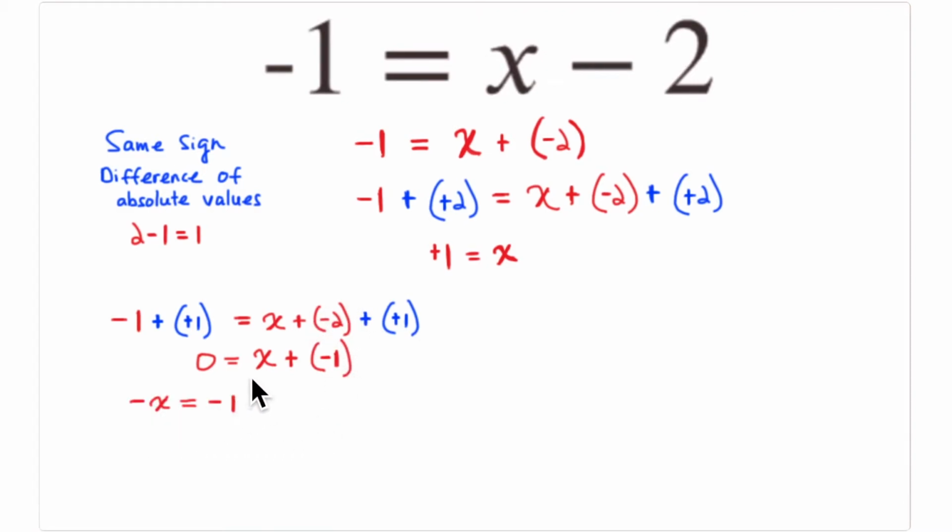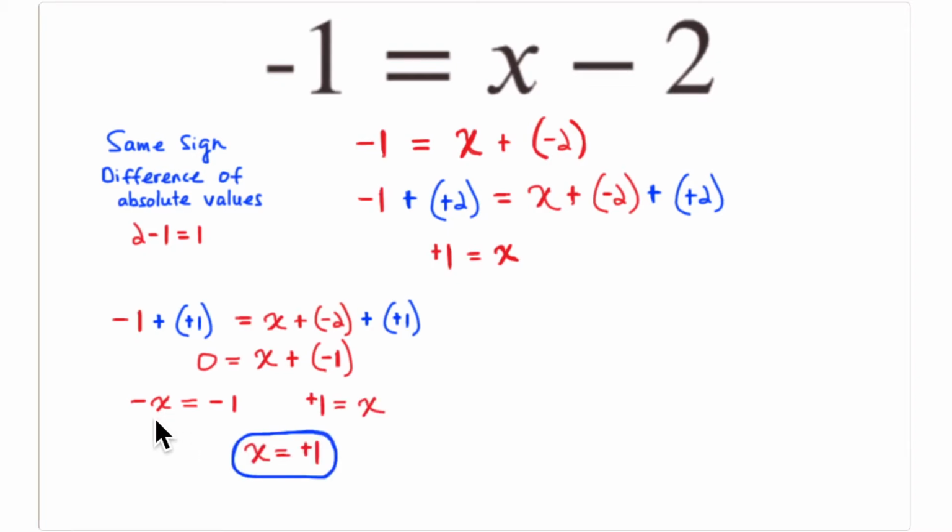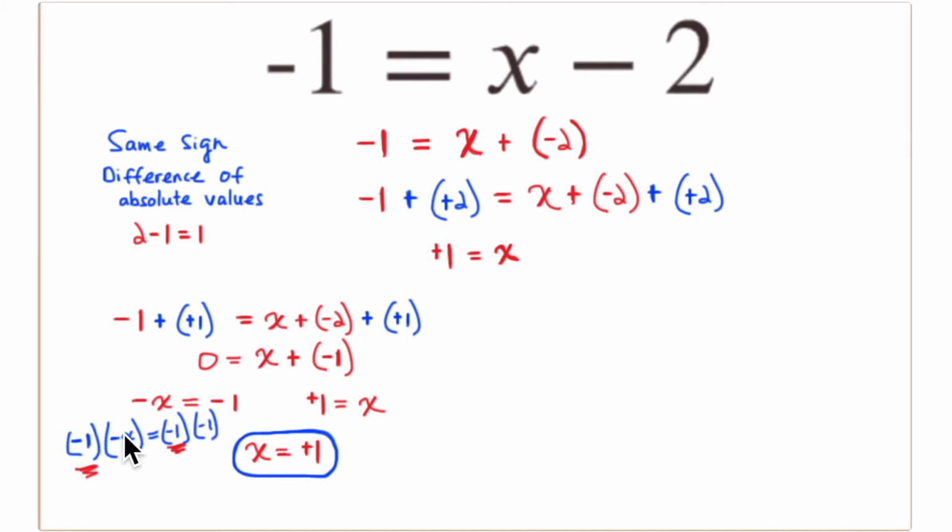So on this side, we have negative x equals negative 1 because we add the additive inverse of a positive x, which is negative x, to get rid of it, and you're left with negative x on the left side. If you say this in words, the opposite of x is equal to the opposite of 1. That means that x equals a positive 1.